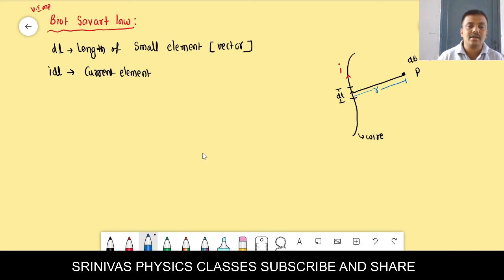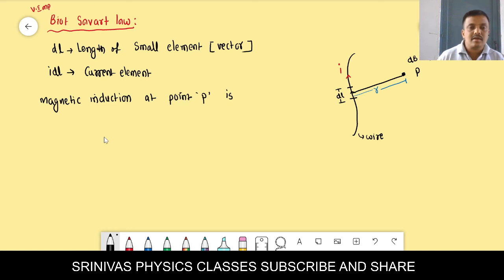Then according to Biot-Savart law, what is the magnetic induction at point P?